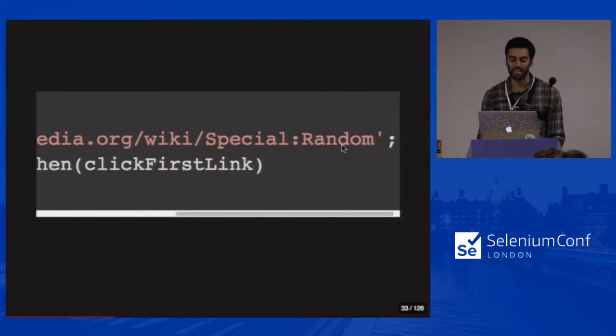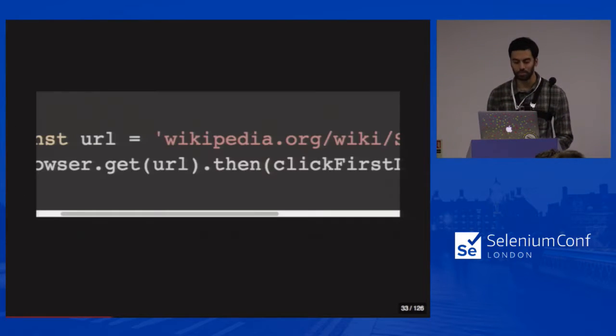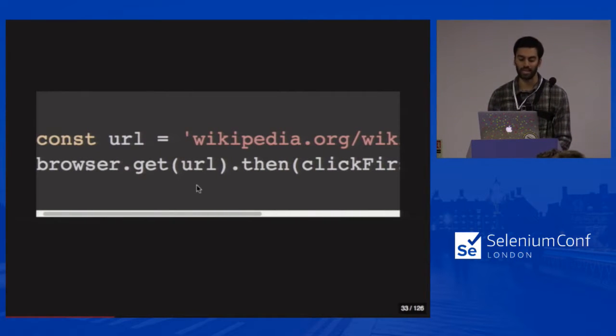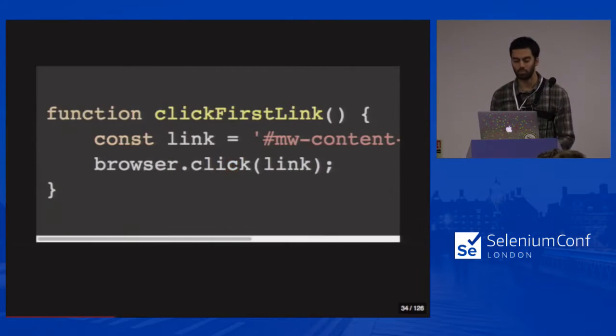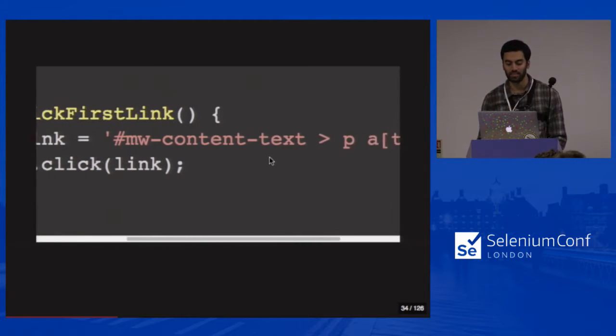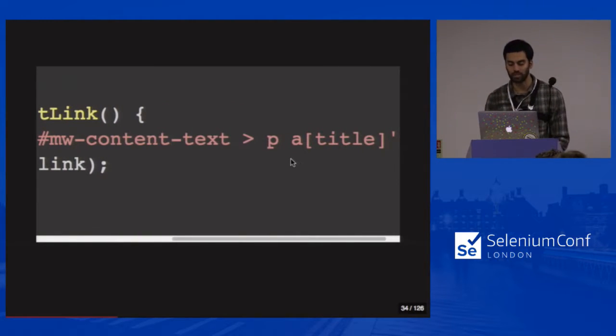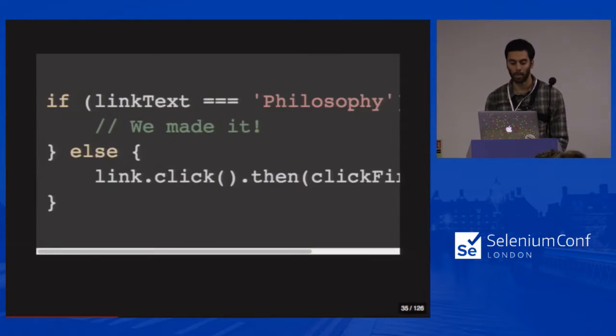So Wikipedia has this special random URL. So we start at that, and by the way, the goal of this is to show you how simple this is. We say browser.get, and we give it the random URL, and we say click first link. Click first link doesn't exist, we define it. And all it does is it says, find the selector, which is representing the first hyperlink in a Wikipedia article, and call browser.click.